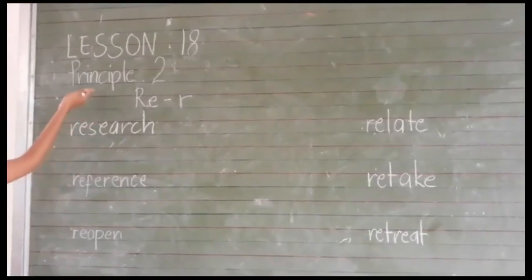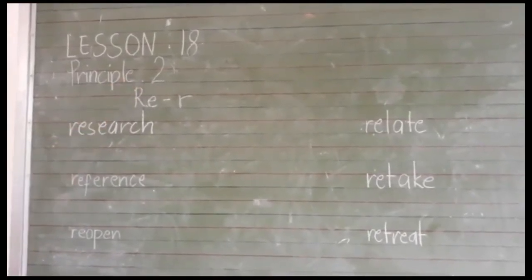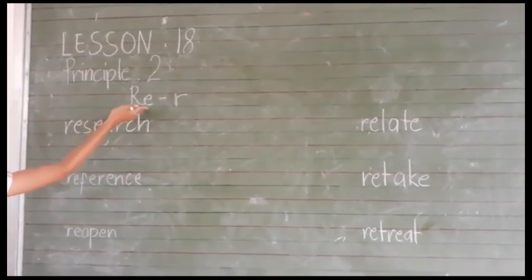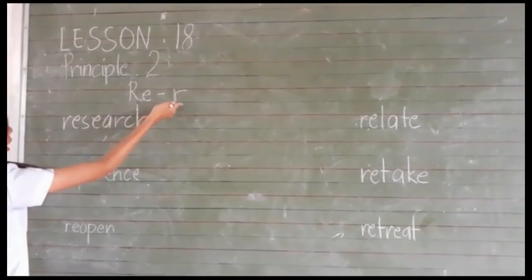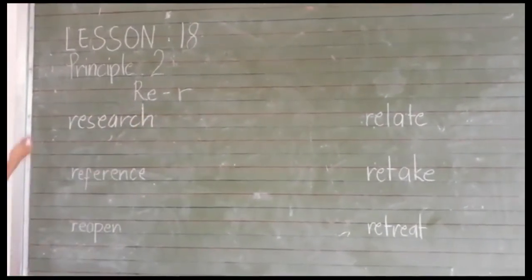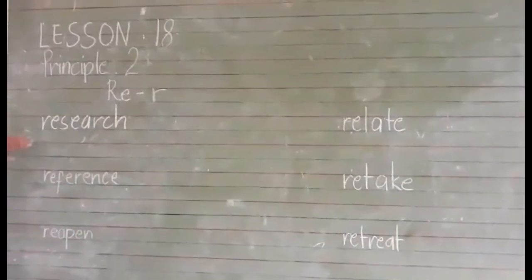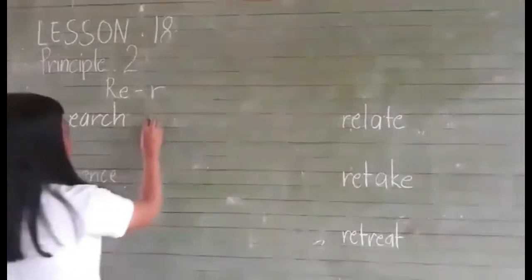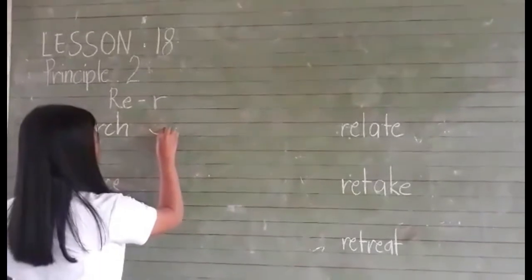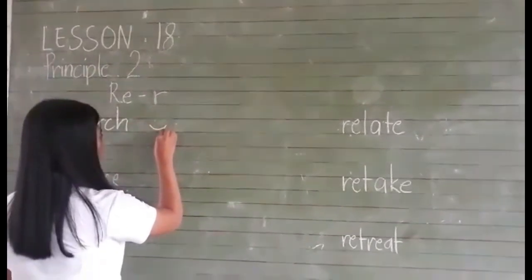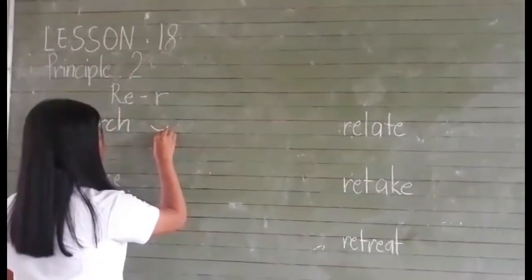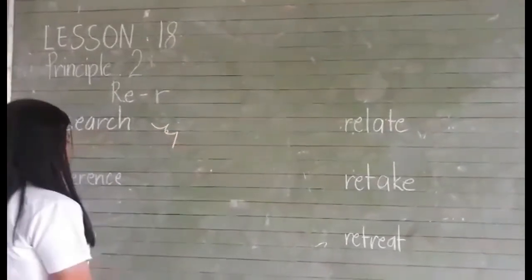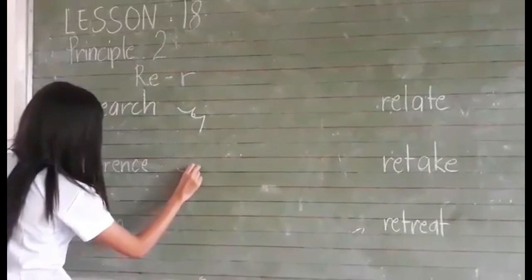Principle number 2, the word beginning re is represented by R before a downstroke or a vowel. In the examples below, we notice that the word beginning re is represented by R because it is followed downward. For example, research. Re, represented by R, followed by S, E, R, and J. Reference.